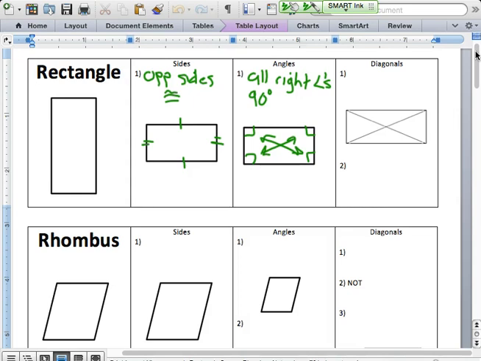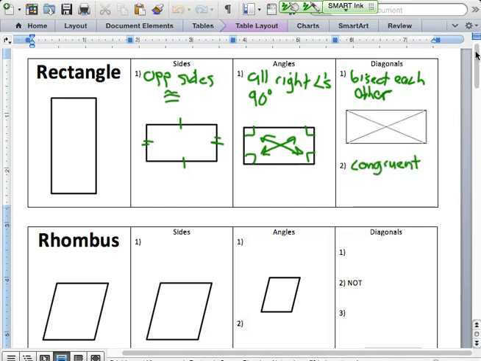As far as the diagonals go in a rectangle, still true that they bisect each other. They still bisect each other just like any parallelogram, but we also know that they are congruent.